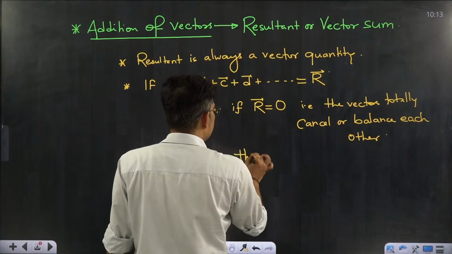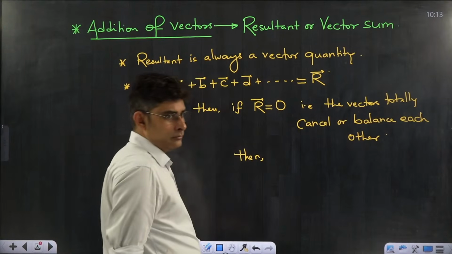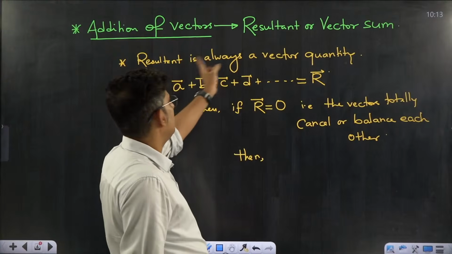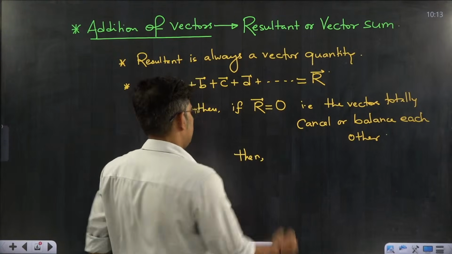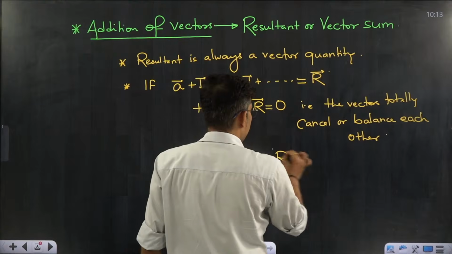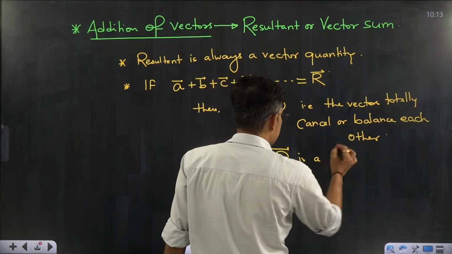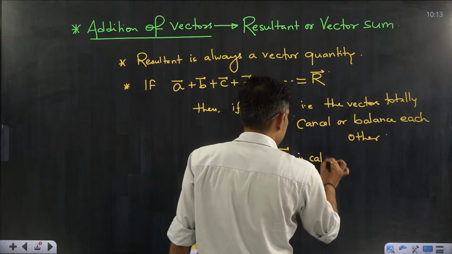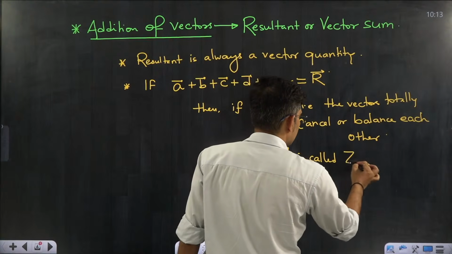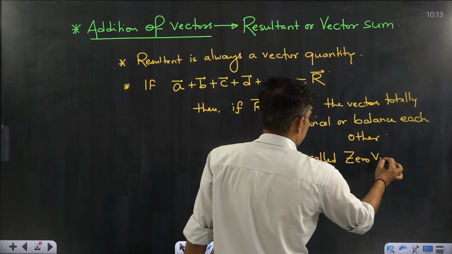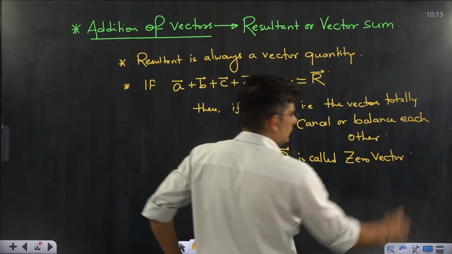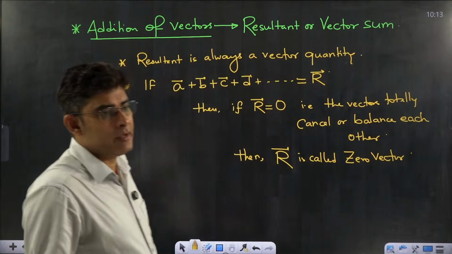Then you will say, sir, we are getting 0. But I said that the resultant is always a vector quantity. So in that case, R vector is given a special name. It is called 0 vector. So from now onwards, remember this definition.